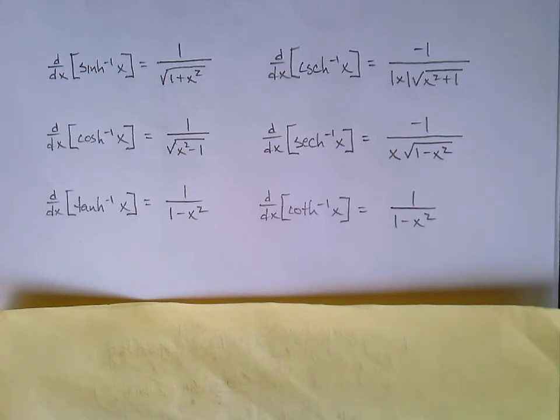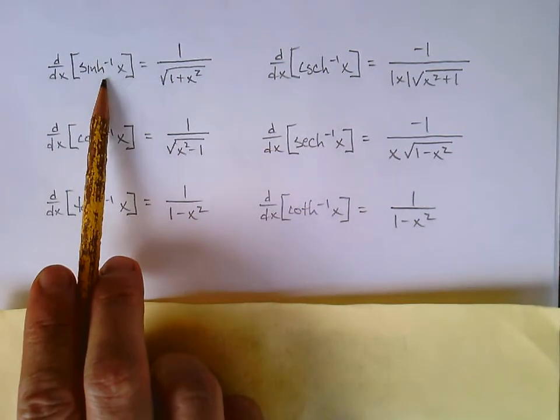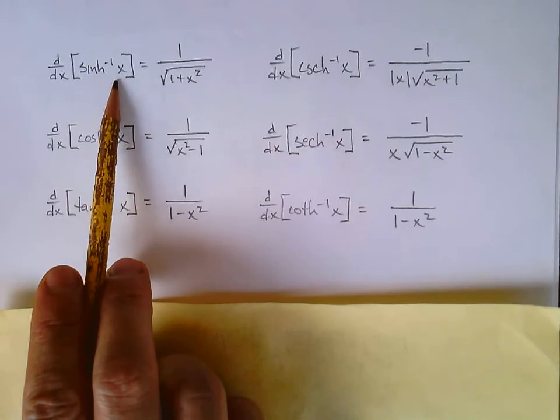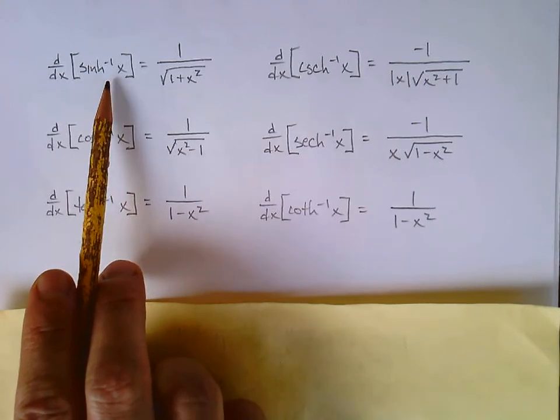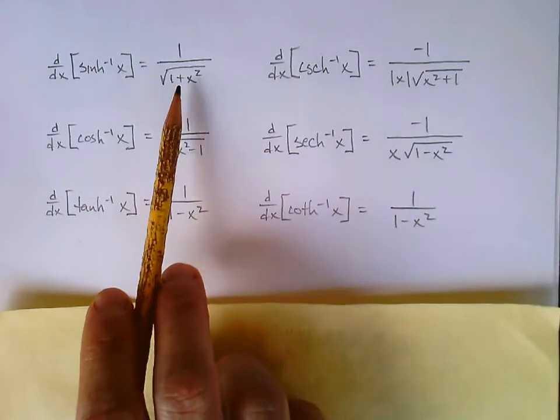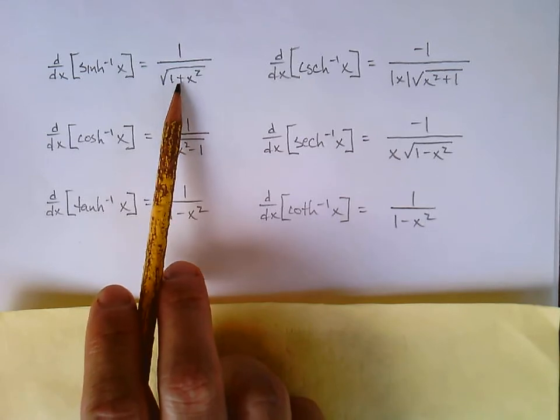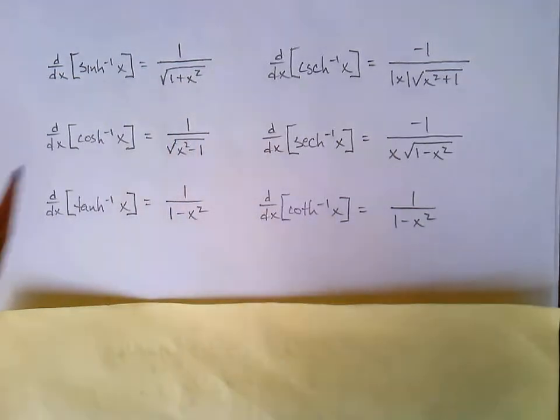So we've got a total of 12 derivatives in this section. Let's take a look at inverse hyperbolic sine x, inverse sinh x, or you might call it arc sinh x. So there's its derivative. Now it's almost the same as inverse sine's derivative, but it was a minus sign before, now it became a plus.